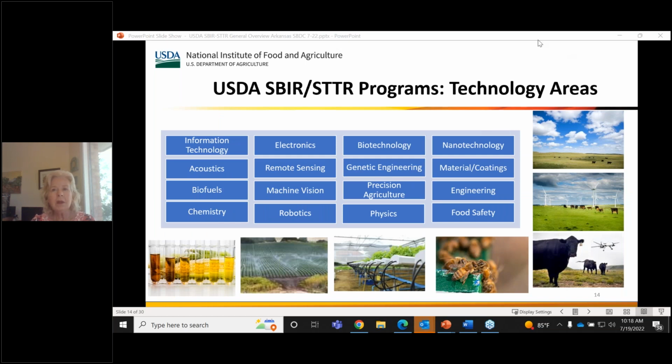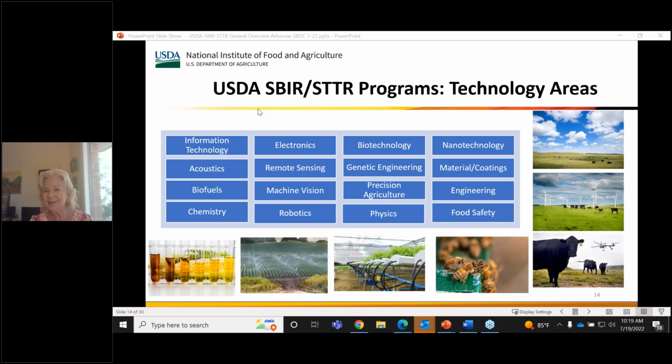And this slide, we like to keep this slide in just to remind everybody that agriculture involves all types of science. So if you have a scientific or a technical innovation that you didn't necessarily develop for agriculture, it might be worth taking a little bit of time to think about whether there is an agricultural application for it, because we deal with almost all types of science.